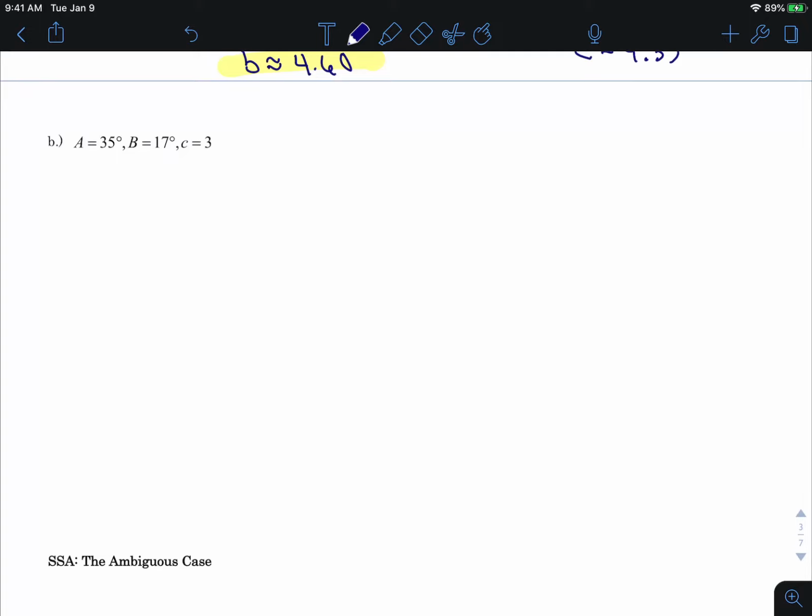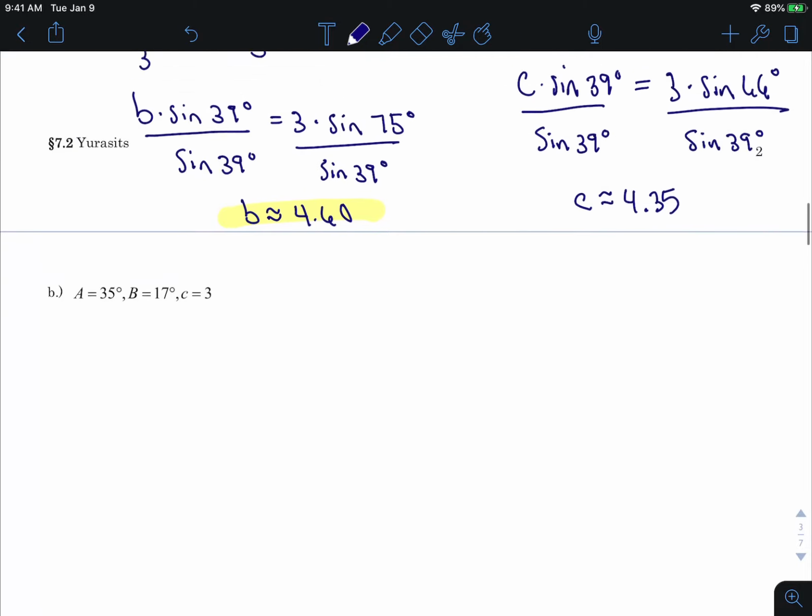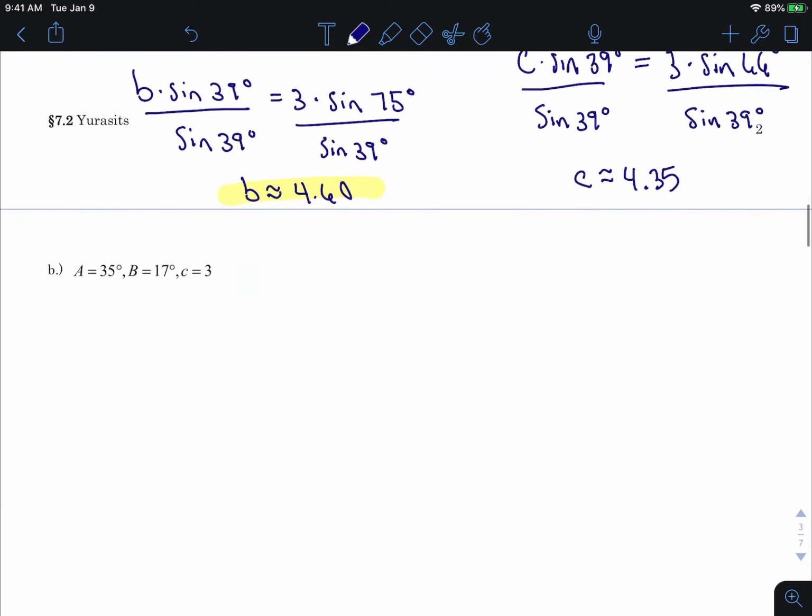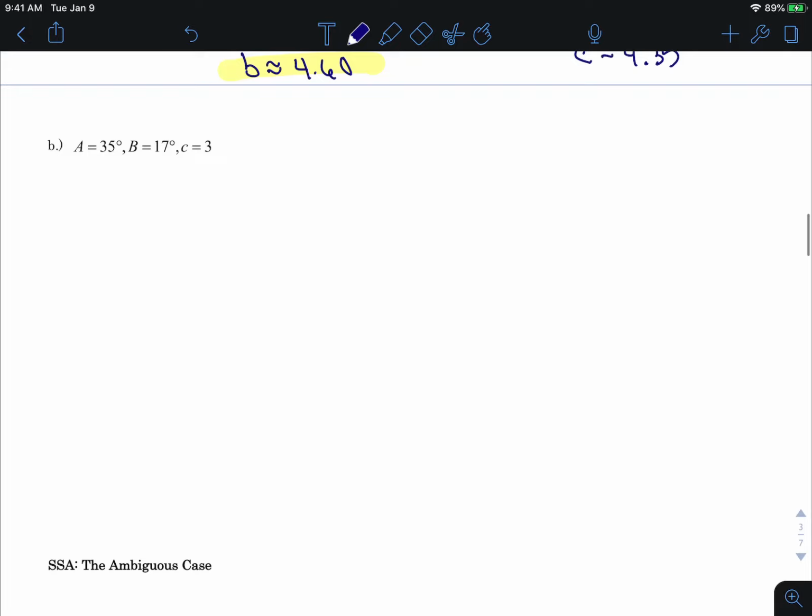So A is 35 degrees, B is 17 degrees, and C is 3. For some reason I was like, are those the same values? Here we go. A is 35 degrees, B is 17 degrees, and C is 3. Okay, so once again, it's the same exact process.